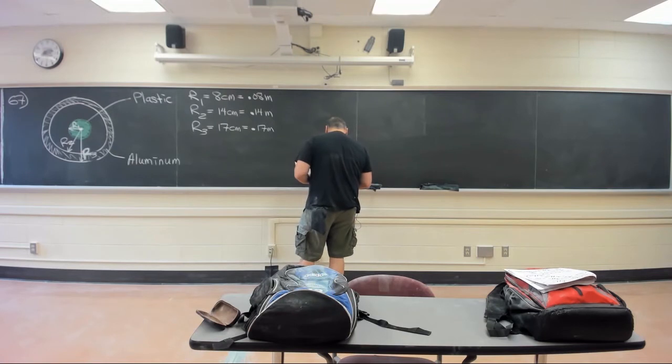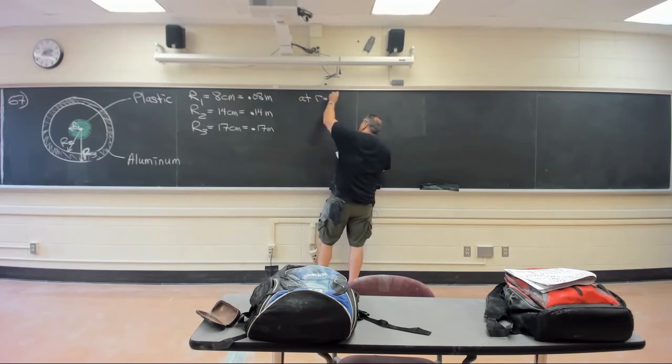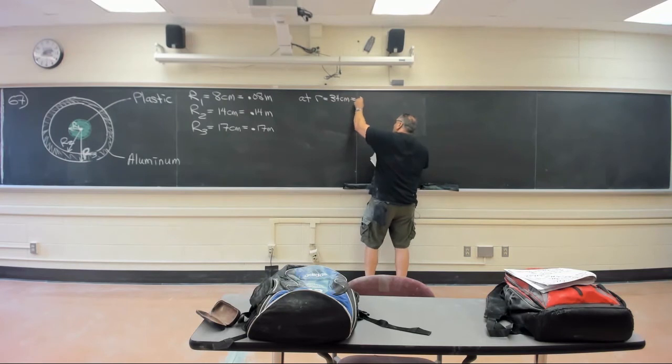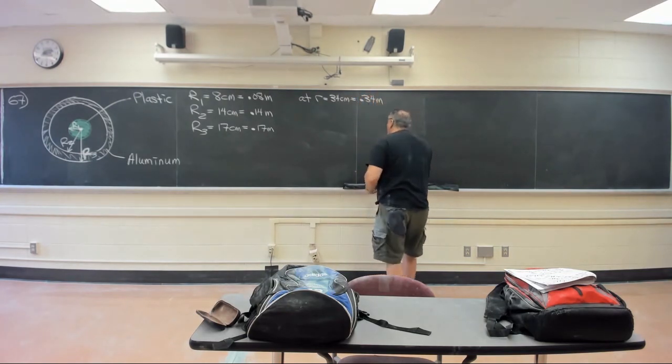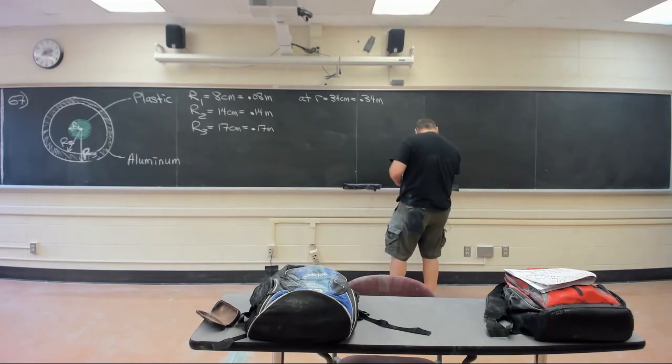At a radial distance of 34 centimeters, .34 meters, the electric field has magnitude this much and is directed radially outward.